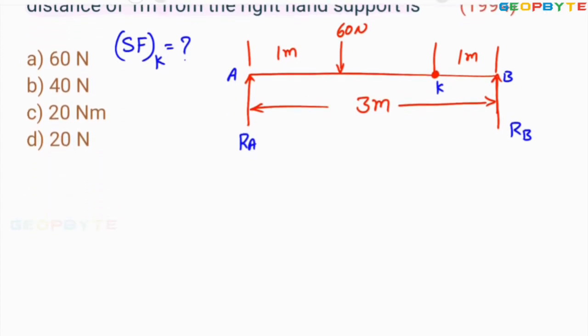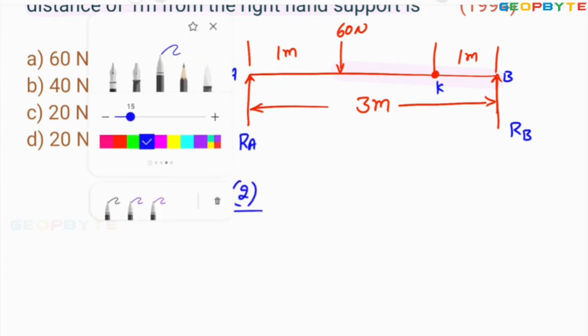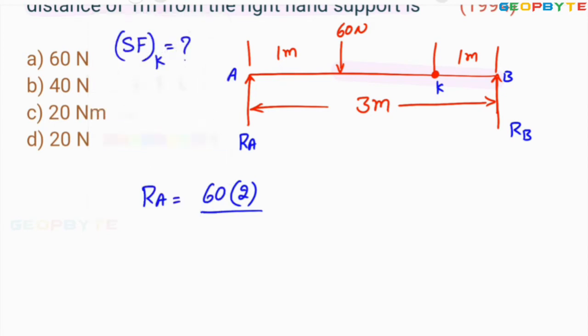You know RA equal to, remember this formula, RA equal to load into other side distance. Load is 60 newtons. Other side distance means from load to B. From load to B, the distance is 2 meters, divided by total distance.